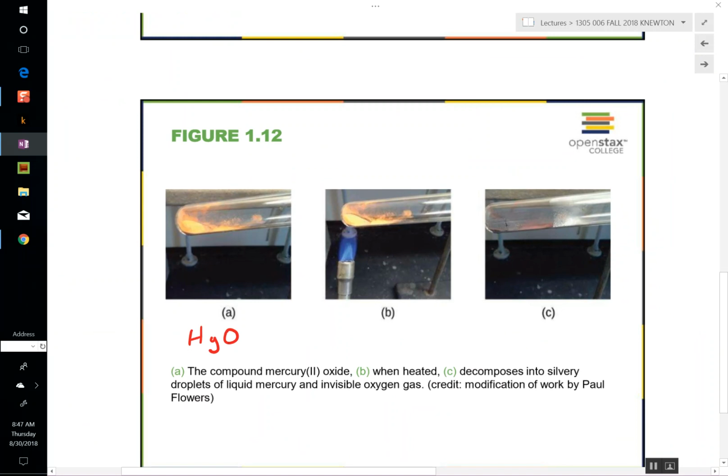It's a powder, and if you took it and heated it up real hot, it would decompose into mercury and oxygen. So the oxygen would flow out of the test tube, and you'd be left with a little puddle of mercury when it cooled down.